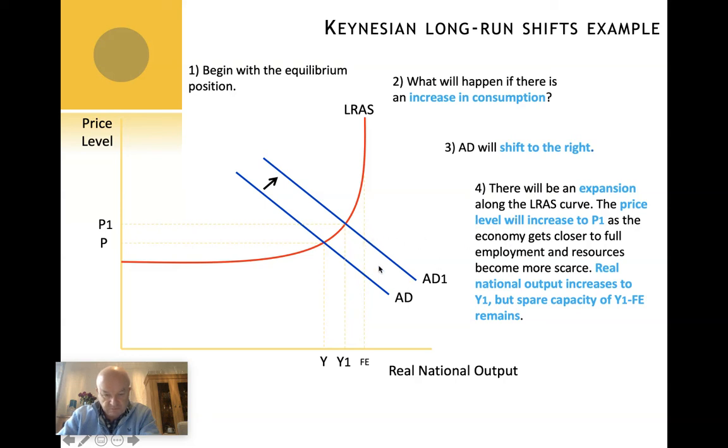The price level would increase to P1, and as we get closer to full employment and resources become more scarce, we would also have an increase in real national output, moving from Y, the original equilibrium point, to Y1. So we'd have an increase in overall capacity, but we've still got some spare capacity between Y1 and FE, full employment.